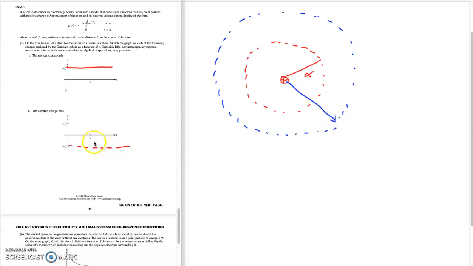And what we're going to have is an exponential decay curve where when we start at the center, we've enclosed the nuclear charge, but we have not enclosed any electrons. So it's starting out at 0, and then it's going to be an exponential decay kind of curve. And then once we reach alpha, that's as good as we're going to get.